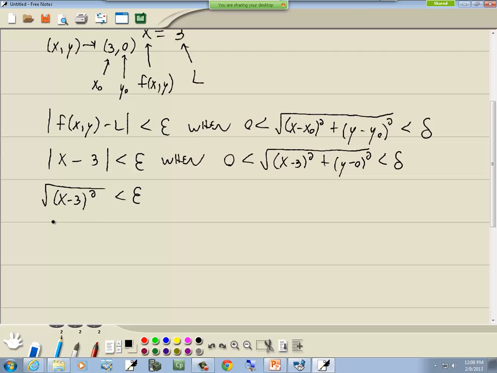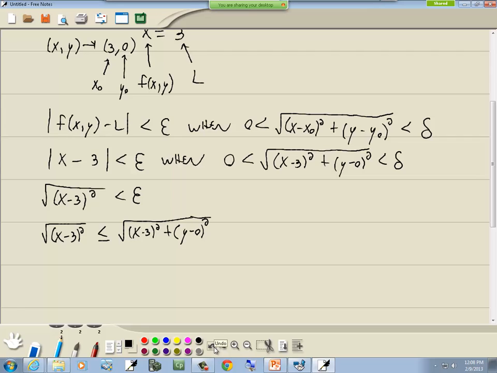Well, now, this square root of x minus 3 squared I know is less than or equal to the square root of x minus 3 squared plus y minus 0 squared. Because this is my original, the x minus 3 squared, so that's the equal part. But when I add anything squared, whatever number I put in here, it's either going to be 0 or it's going to be positive.